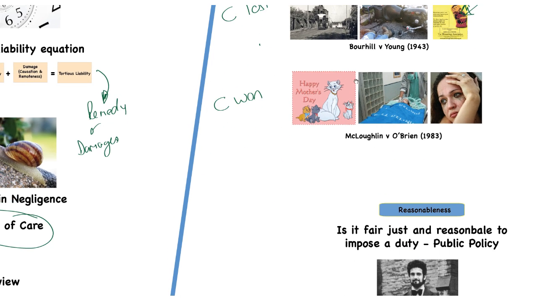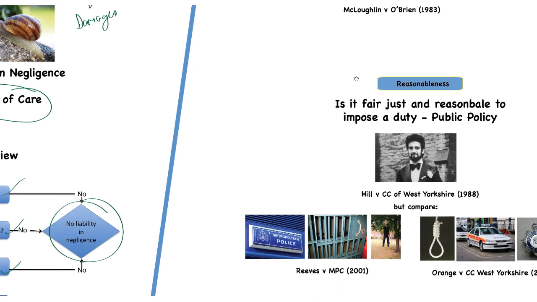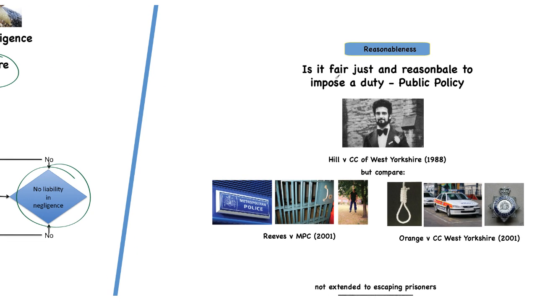The third test then is reasonableness. And in this you have to say, is it fair, just and reasonable to impose a duty upon the defendant? And this has been born out of public policy. Courts have decided that in order to try and stop the floodgates issue, and for those of you that don't know what floodgates is, I'll explain.